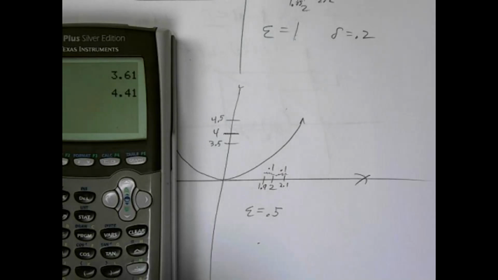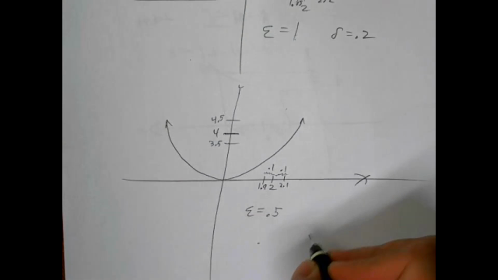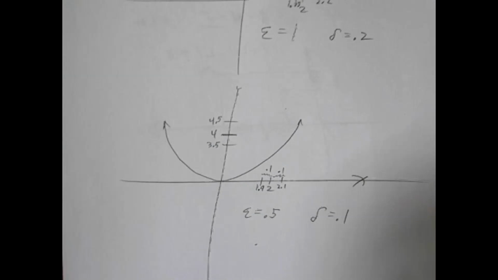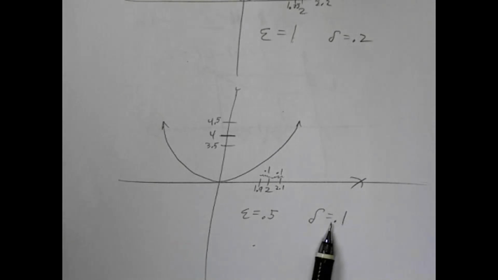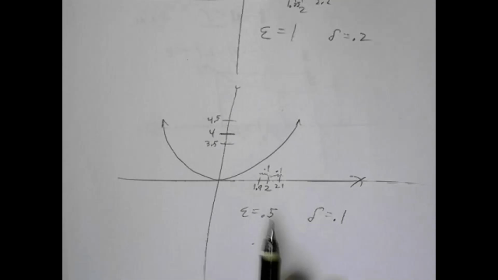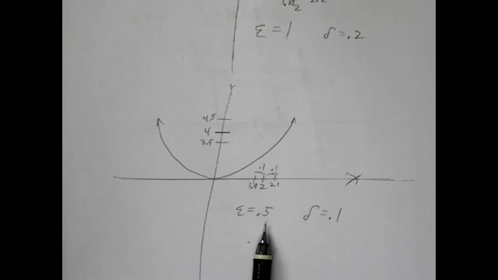This time, purely by chance, I have symmetry. But I've answered their challenge. A delta equal to 0.1: as long as I stay within 0.1 of 2 on the x-axis, I stay within 0.5 of the 4 on the y-axis. And as you can imagine, this challenge could go on and on.